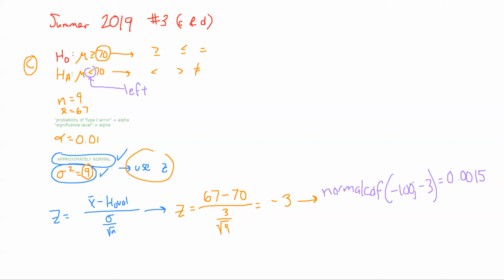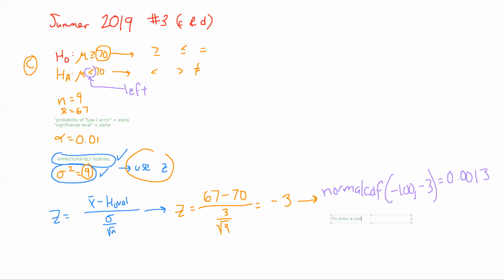You can correct me. It might be 0.0017 or 0.0013. 13 is what I got. That's what I thought. But really small. And then we draw a conclusion. Do they ask us to draw a conclusion? They don't. But if they had to draw a conclusion, the rule is as follows.